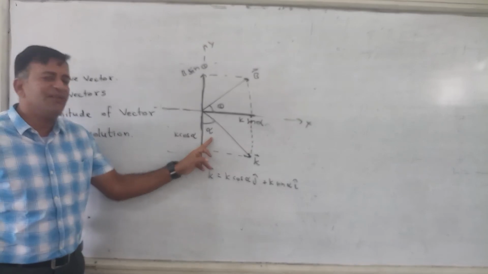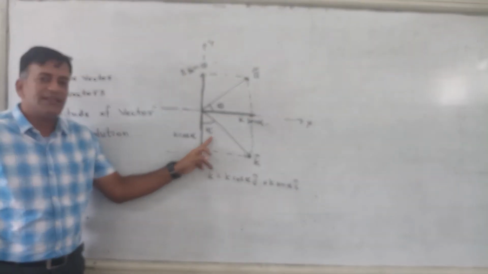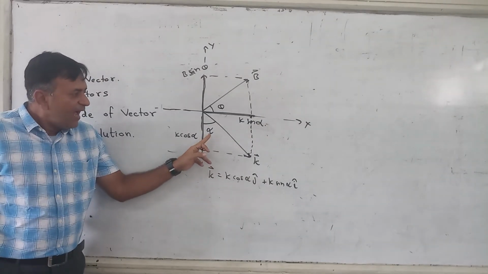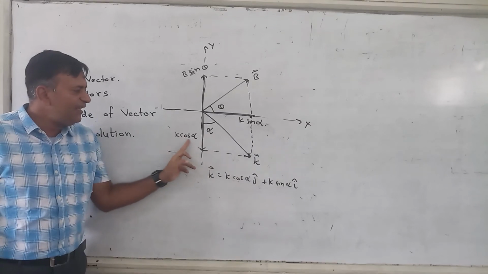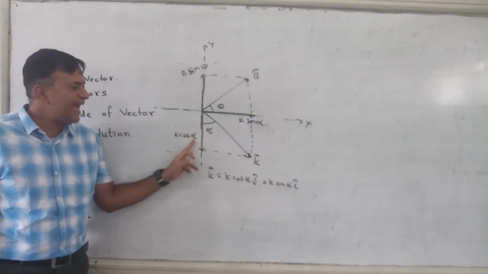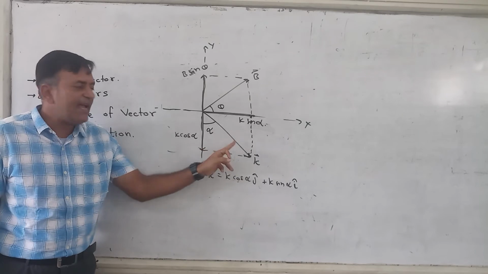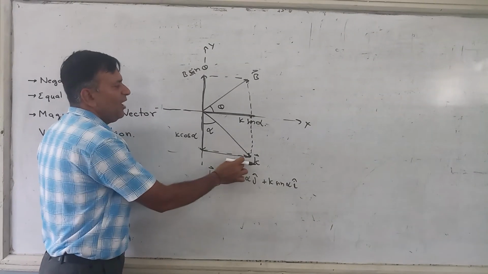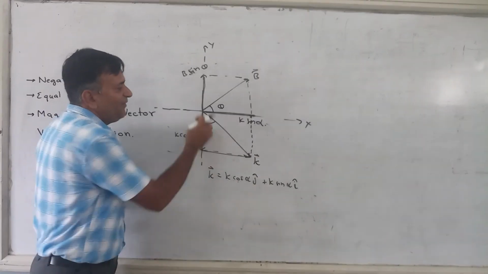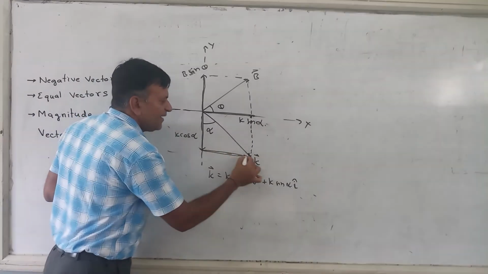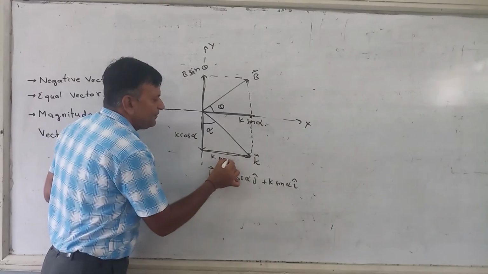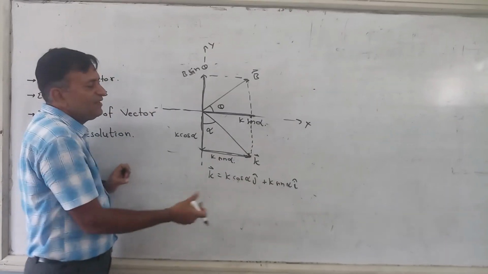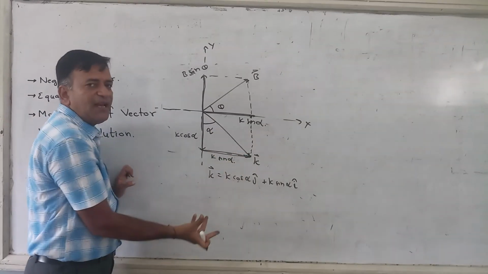If this angle is given, then the side which is attached to that angle will be the cos component, and the side which is opposite to this angle, this or this, will be k sin alpha. If this is k sin alpha, this will also be k sin alpha, because you see this is the same vector shifted parallel to itself.